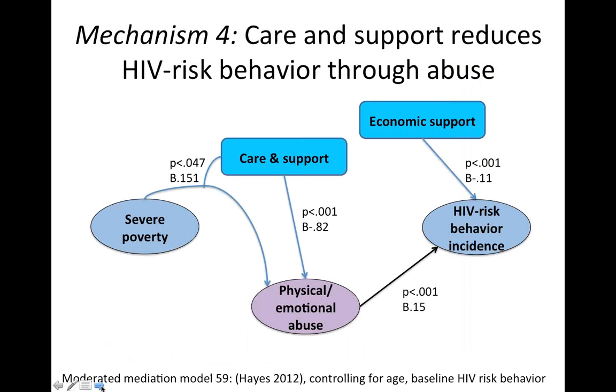We also see that provision of cash transfers and positive parenting and teacher support can interrupt these pathways. You can see the pathway between poverty, abuse and risk behavior. They can act as an interrupter. So there can be some real positive things that come out of this research, where you find out what really works.